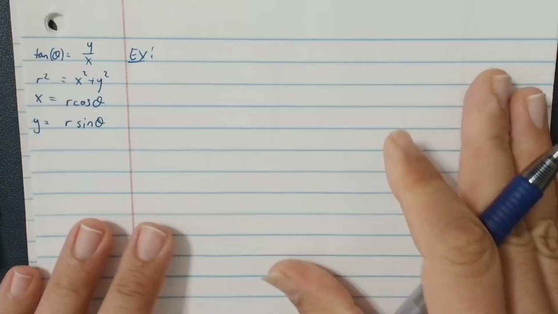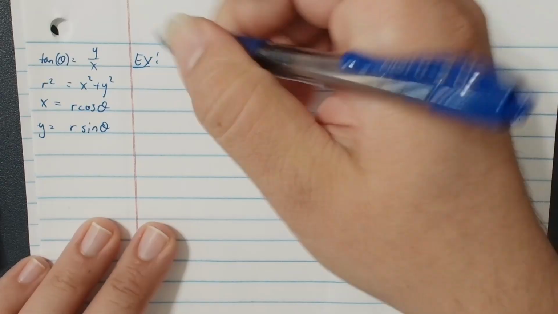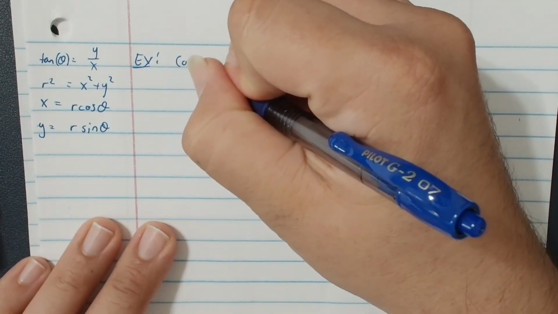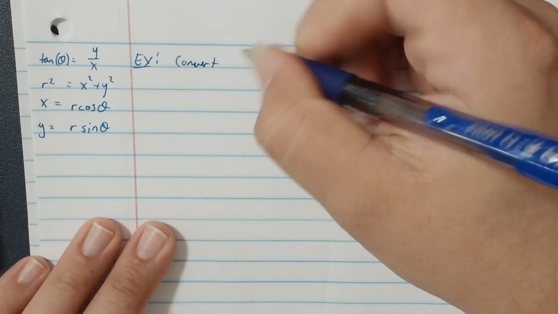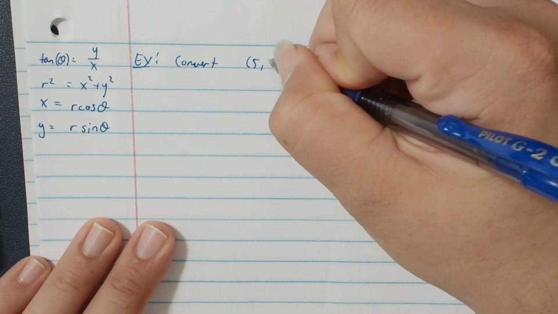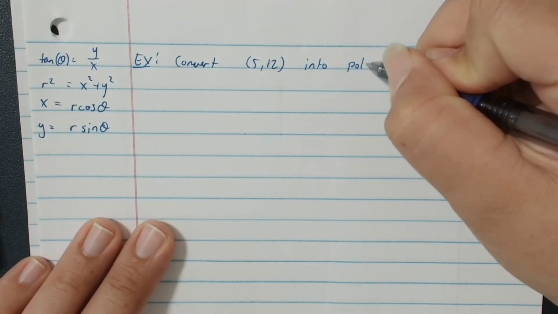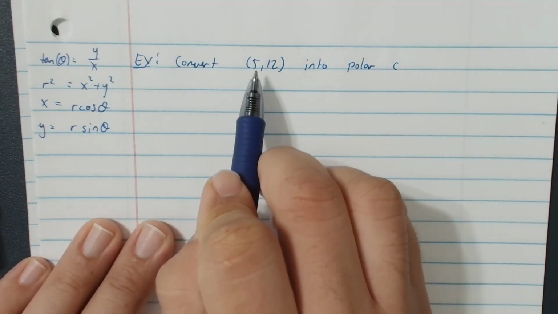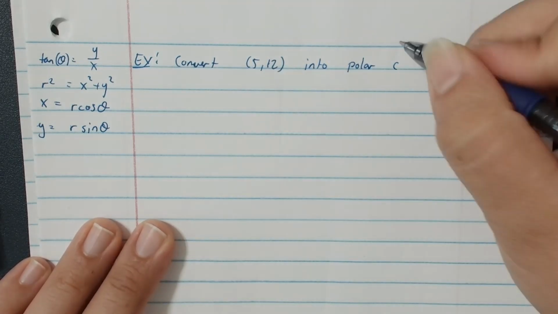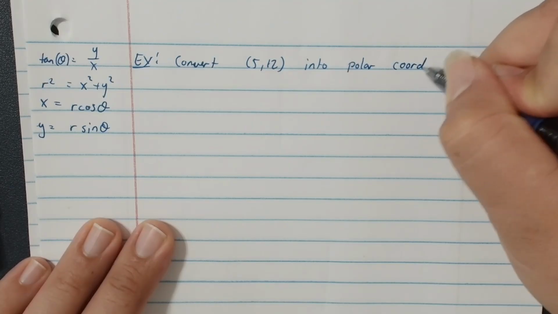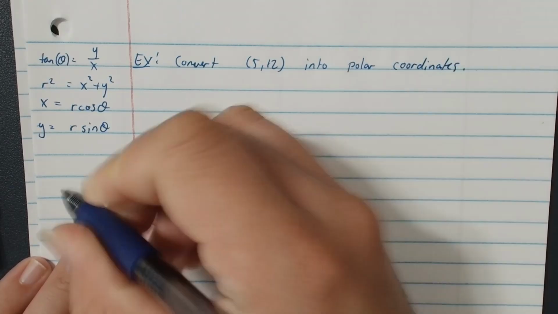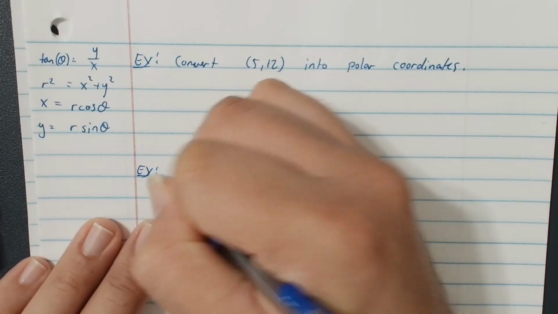So try the following 2 exercises. The first one, you're going to go ahead and convert. And we're going to take the point 5, 12 into polar coordinates. Obviously, if I'm saying convert to polar, this must be rectangular. And then the other example, go ahead and give this a try.